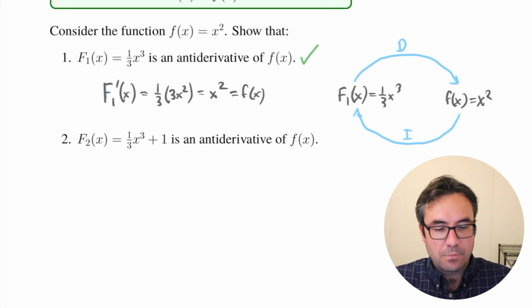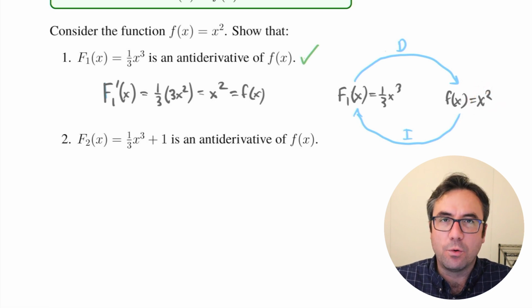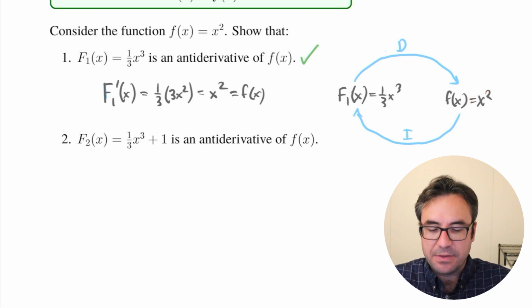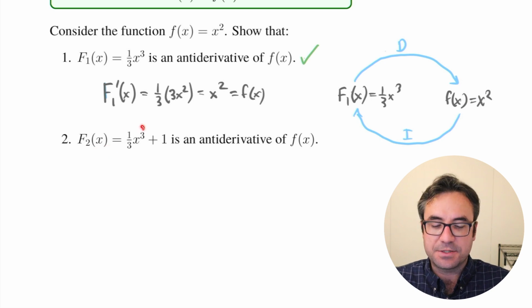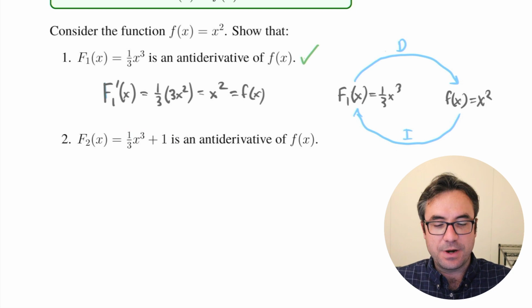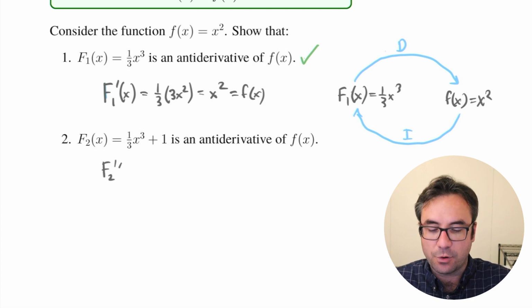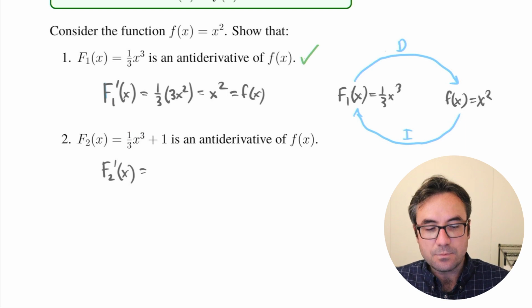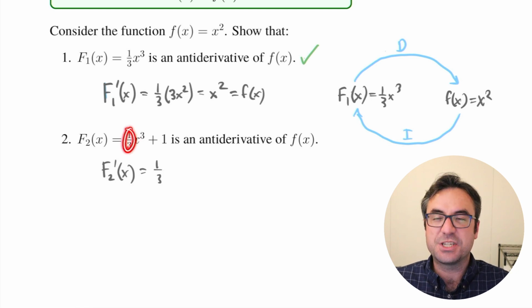Well, that's just one example. It turns out that x squared is actually going to have a whole bunch of antiderivatives, so we could play the same game for f2 of x, this function 1/3 x cubed plus 1. We can differentiate, so let's calculate f2 prime. Let's differentiate this entire function, and what we end up with is, well, the 1/3 sticks in front.